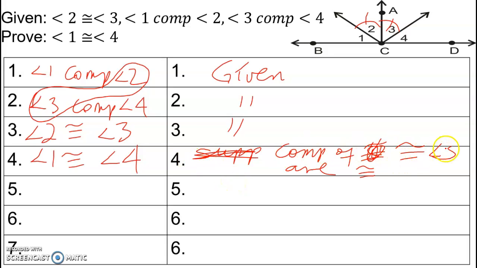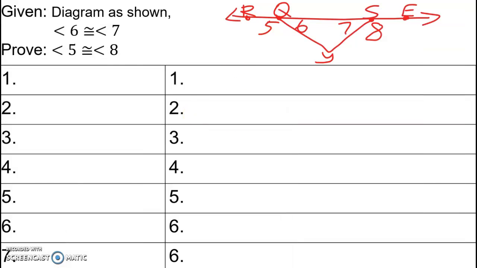Complements of congruent angles are congruent. Okay, so 1 and 4 are complements of congruent angles, which are 2 and 3. See how short and how sweet that looks. Very helpful. So let's do another one. Diagram as shown, and it's given.